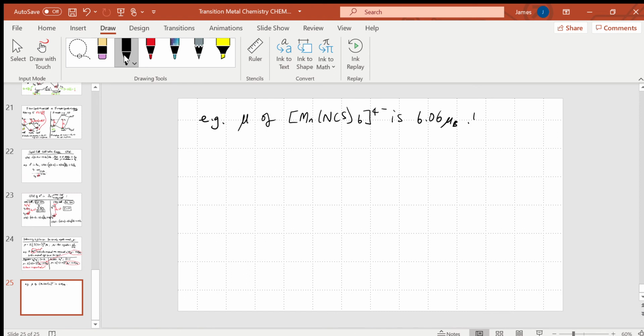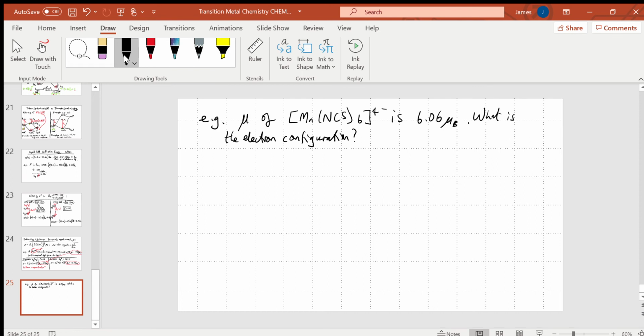And this time we're asked, what is the electron configuration? Right, so that's the question. What is the electron configuration?